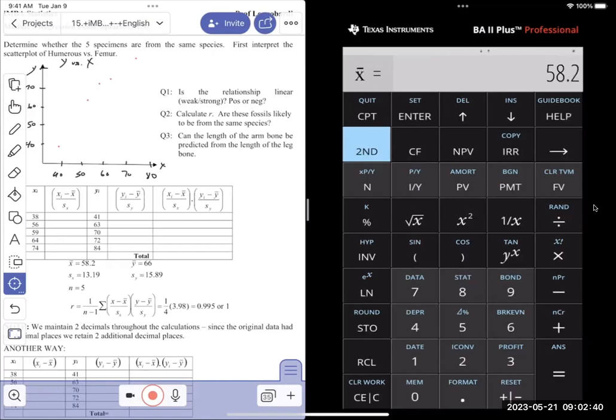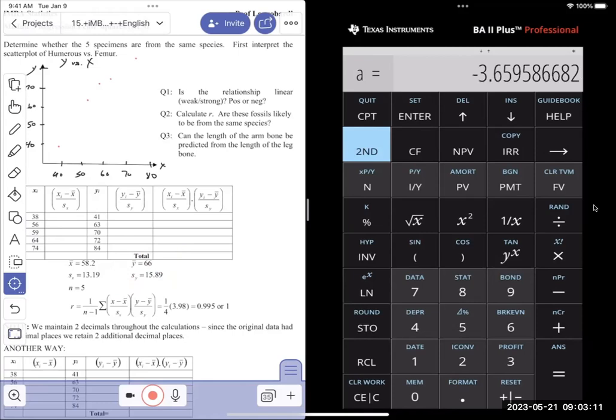5 observations, that's my mean that I got here for X. This is the standard deviation from the sample. And we don't use this because it's just a sample of all fossils. So then this is the mean of Y, the standard deviation of the sample for Y, and we ignore that. And then we get some numbers here.